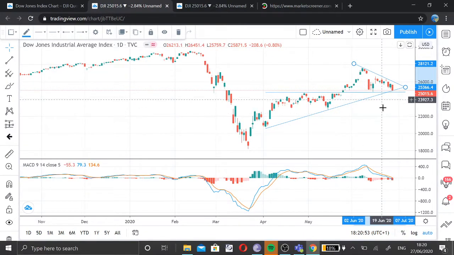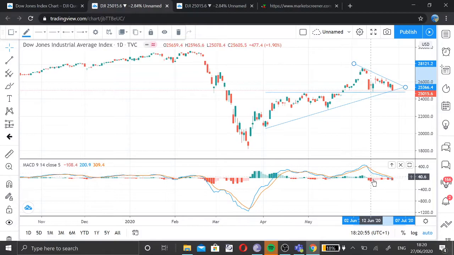The MACD histogram is going in the red, and the red MACD has crossed the blue line, and it's also about to cross the zero line down to the bottom. So all in all, it does look quite weak on the daily chart.